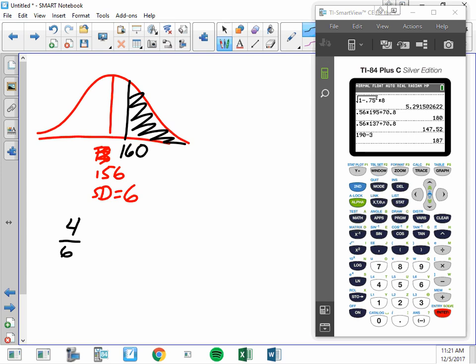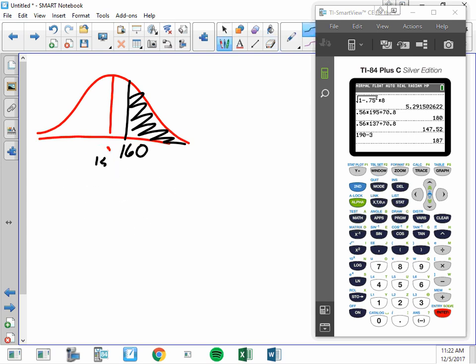Divide that by 6, and I get z equal to 2/3, 0.6 repeating. Okay, so we take 2/3. What do we do with that? We could shade norm from 0.67. It's not 4. Oh, it's 2. I'm sorry.